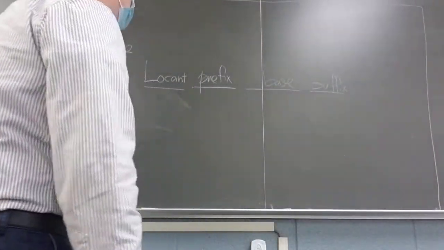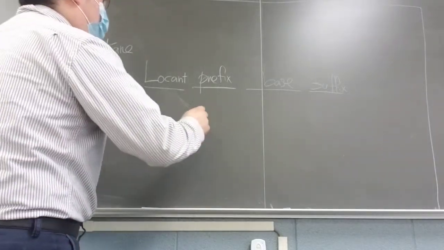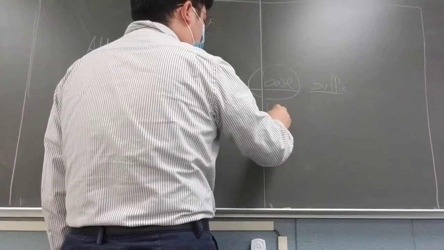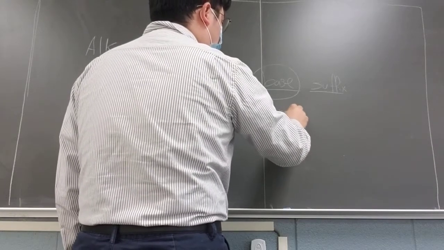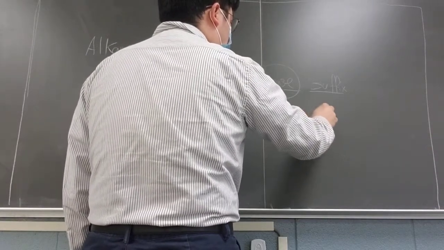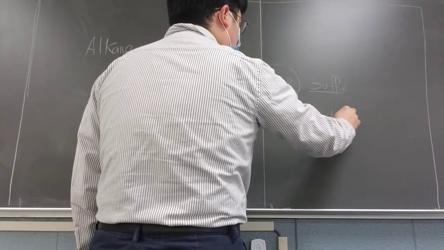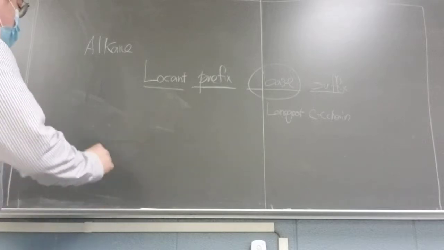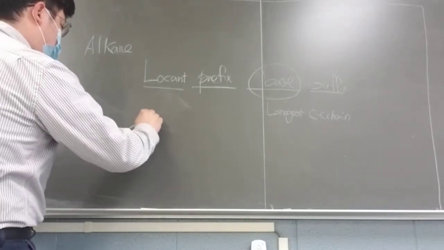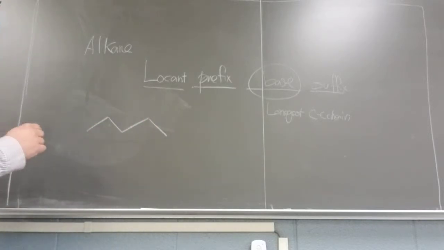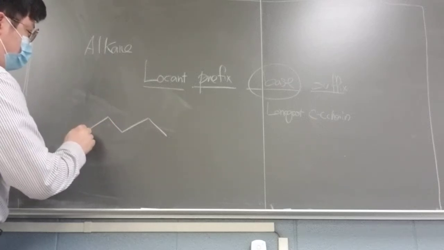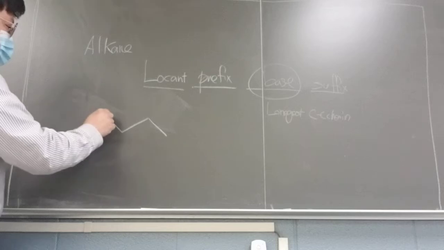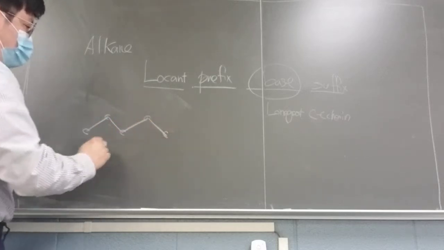Whenever we try to do this, the first thing you need to do is find the longest possible carbon-carbon chain. So if you have this type of linear organic compound, you just count the carbon chain.